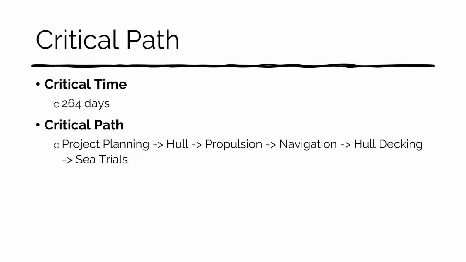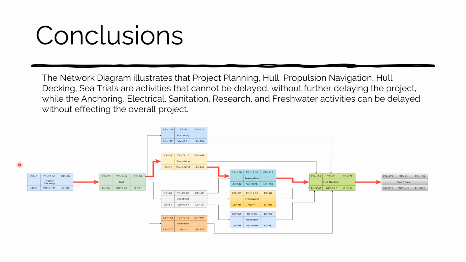From our network diagram, we concluded that there was a critical time of 264. This is the latest it can take to complete the project without it being late. The critical path is going to go from project planning, hull, propulsion, navigation, hull decking, and the sea trials. As we stated, here's the critical path.